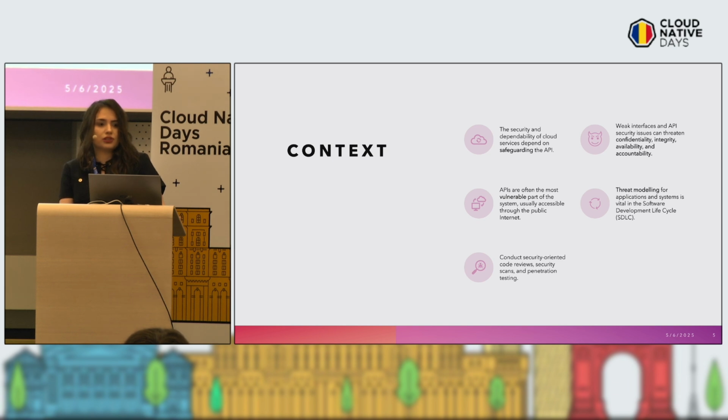Another strategy is conducting security reviews, security-oriented code reviews. Security scans need to be integrated in the pipeline, like Checkmarx, Burp, and other SCA tools. The pen test should be run regularly.